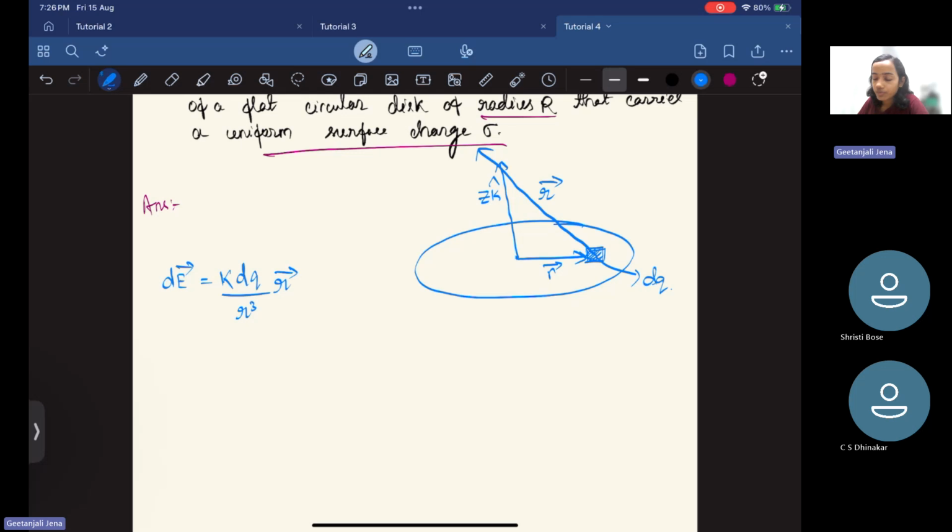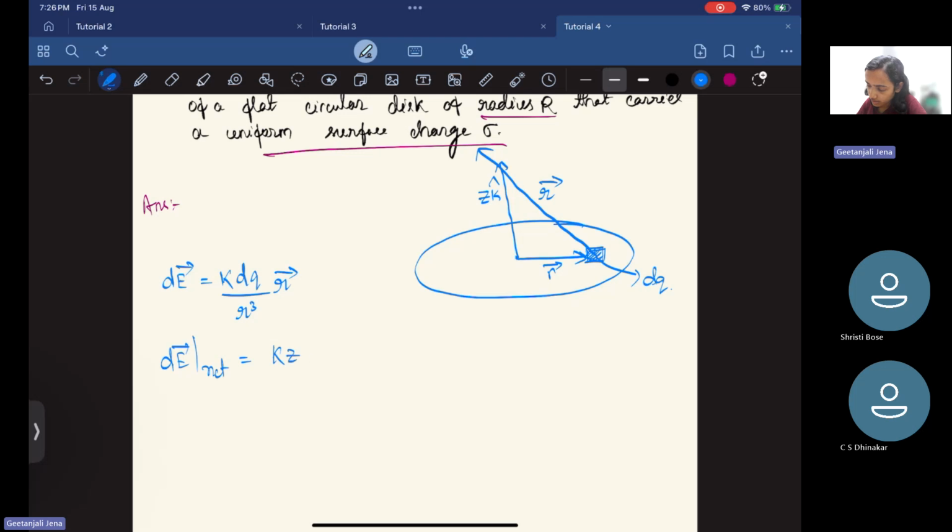And as we have seen before, the r cap component will cancel because of the symmetry in this circular disk. That is why only the z component will survive and give a non-zero integration.